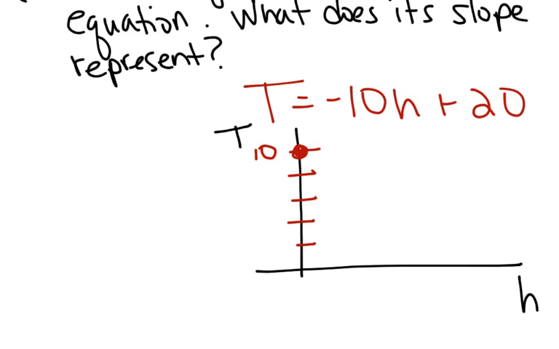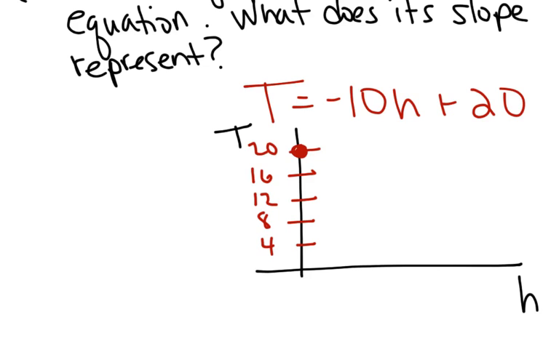Sorry, I should not have done that. Let's do that again. Not 10, I want it to be 20. So let's see, 4, 8, 12, 16, 20. It really doesn't matter how I scale it. I could have done tick marks 1 to 20.